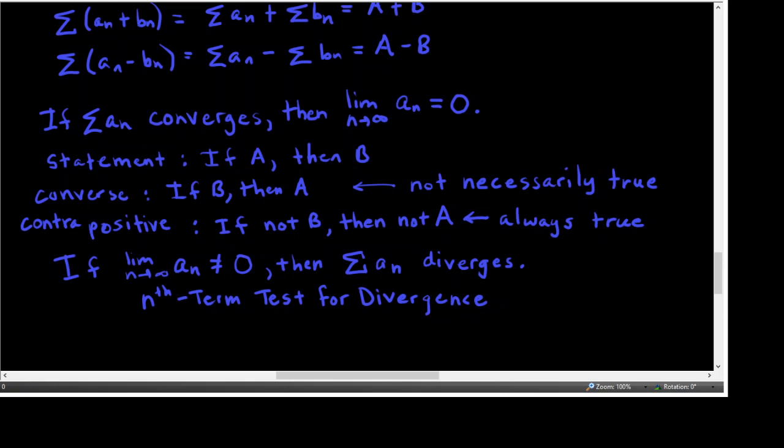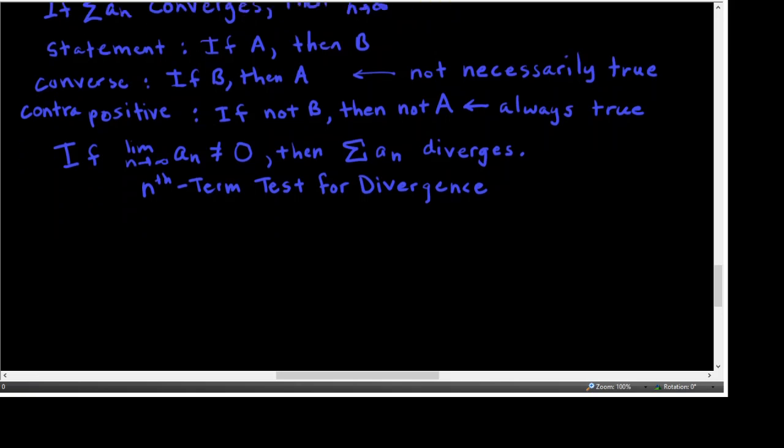But if the limit of the nth term, the general term of the series, is something that's not 0, like if that limit is 7, then we can automatically say it diverges and we're done. Actually, you kind of want to see some divergent ones that you can test that way because they're really fast. All you have to do is show that that limit is something that's not 0, and you'll have it.